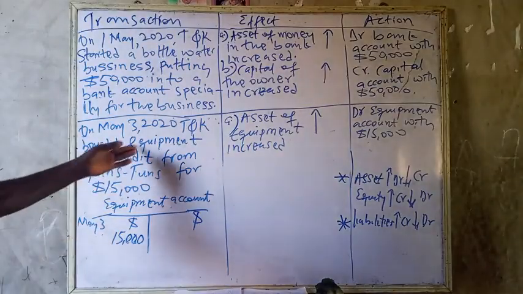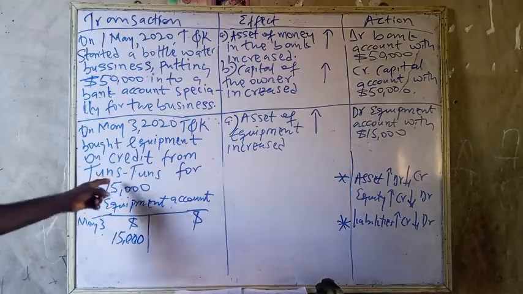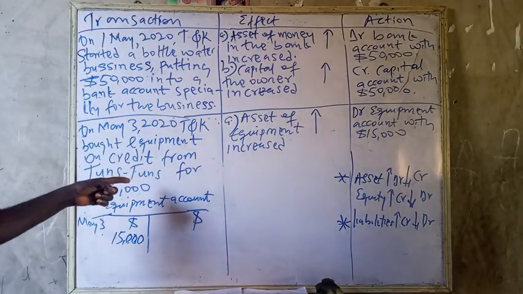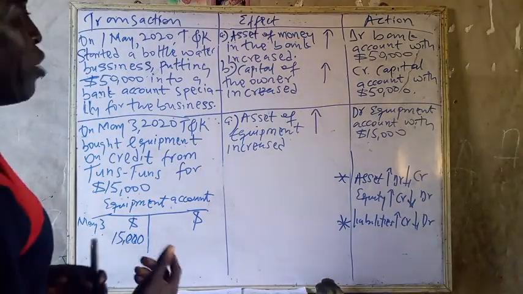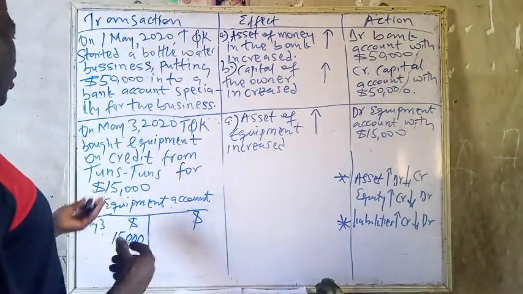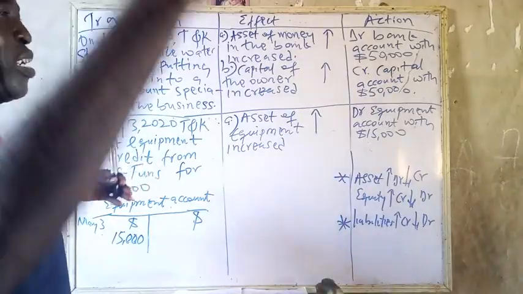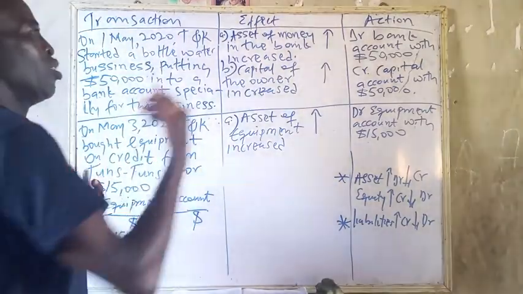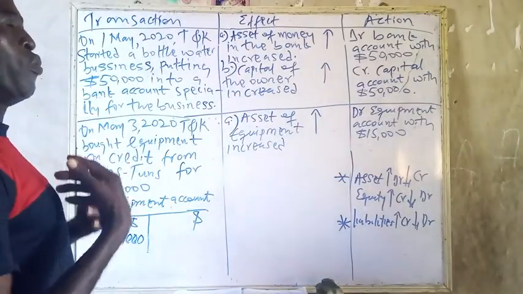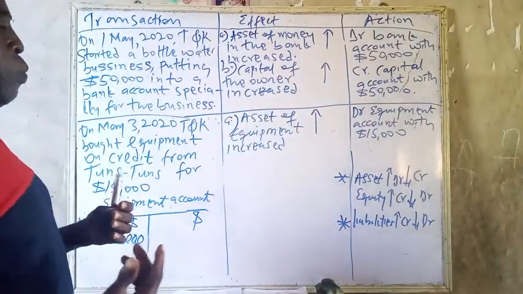Because equipment was bought from Tunes on credit. And I said when you buy on credit or you sell on credit, this is a liability. If you sell on credit, your customer is liable to you. If you buy on credit, you are liable to your suppliers.